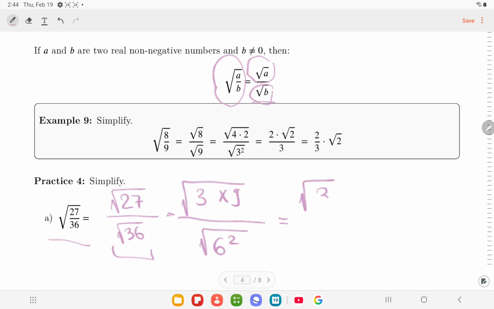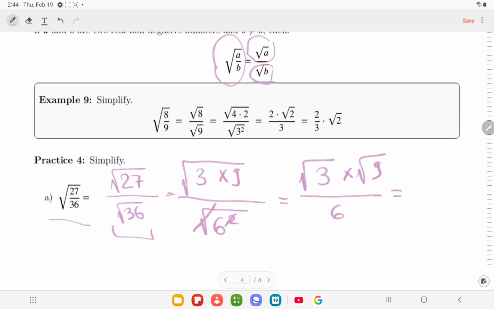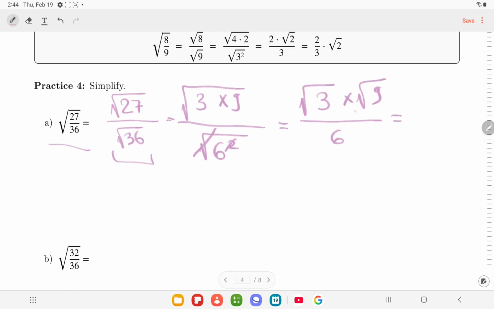And here at the top, we can break this down even farther. And our root 9 is a perfect square, so we end up with root 3 times the root of 3 squared over 6. And so we end up with 3 root 3 over 6.